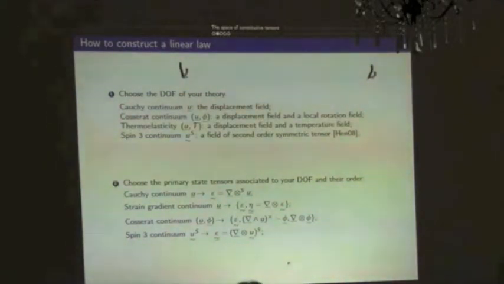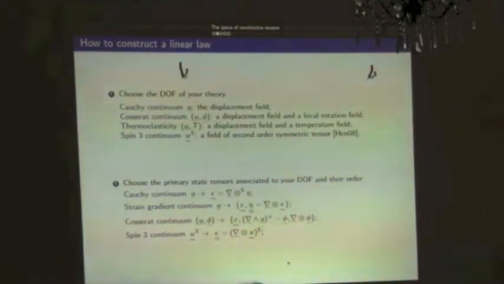If you look at micromorphic theory and forget for a while your displacement field as a degree of freedom, you will also obtain something close to what is done in gravitation. Okay, so that's the first level: choose your degrees of freedom.